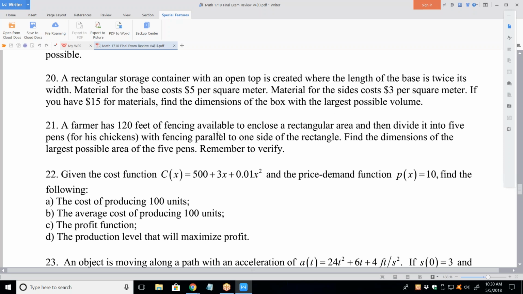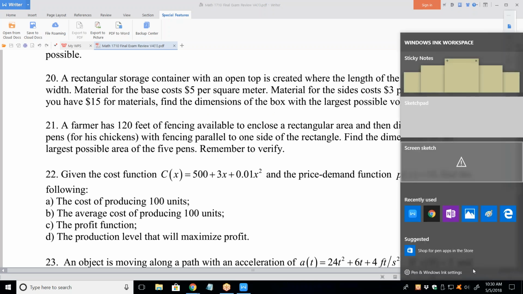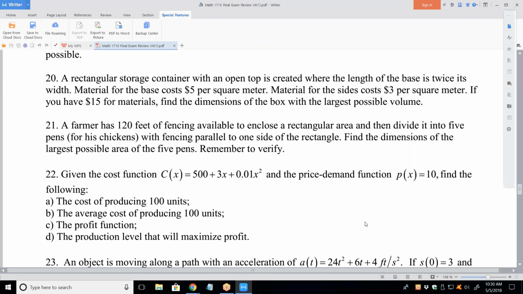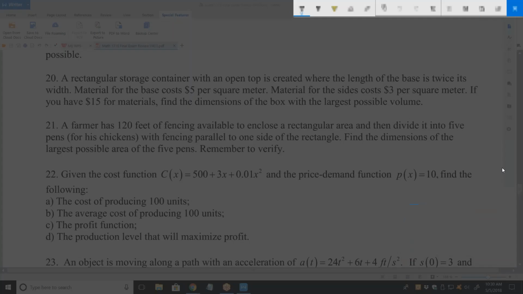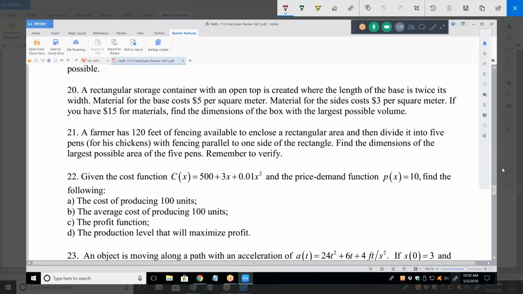All right. Find the dimensions of the box with the largest possible volume. So that's where we're going to begin.